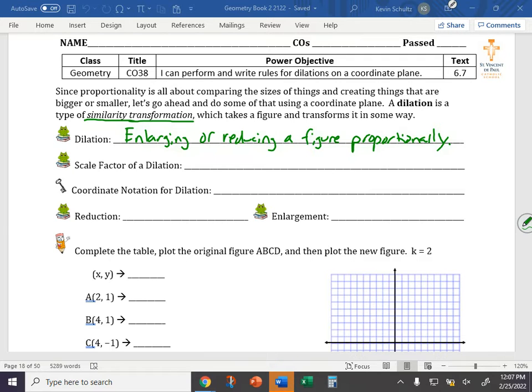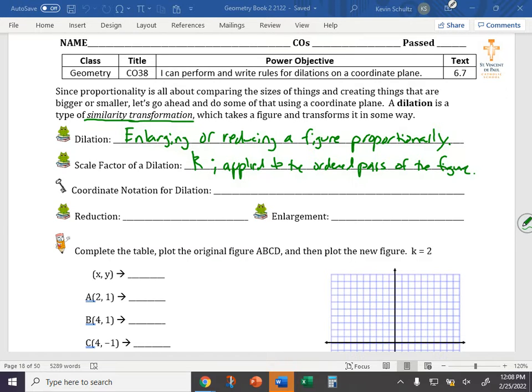Okay, we're dealing with scale factors here. The scale factor of a dilation is notated using the variable k. And it is applied to the ordered pair of the figure.